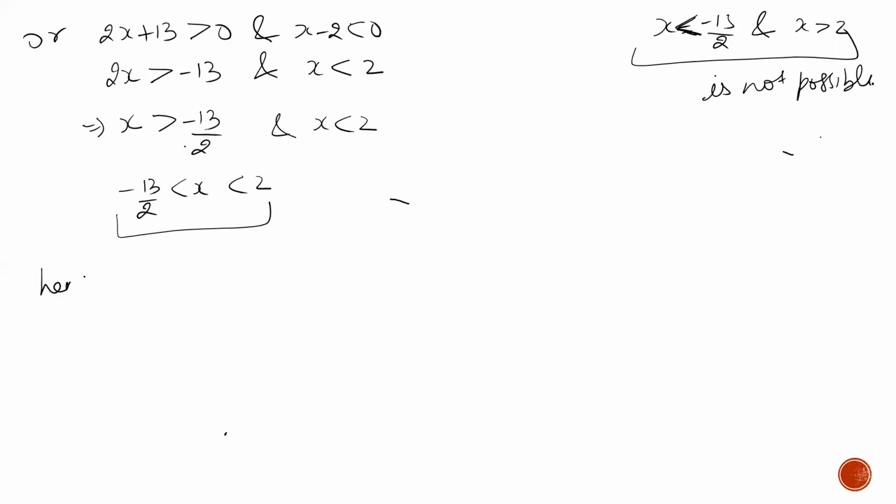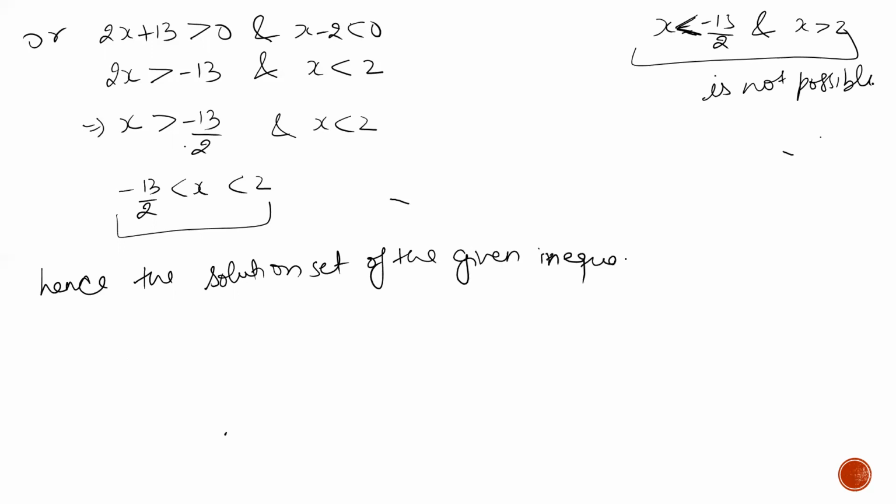So hence the solution set of the given inequation is x such that -13/2 < x < 2, for all x belongs to R.